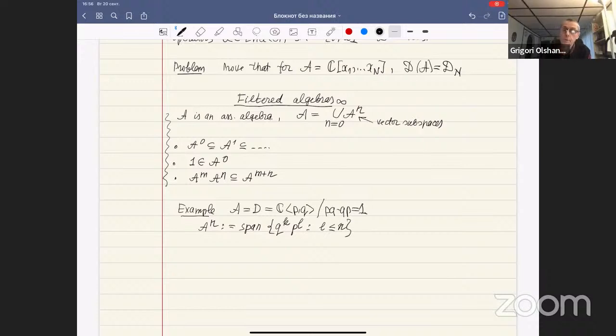So this is one definition. First filtration.